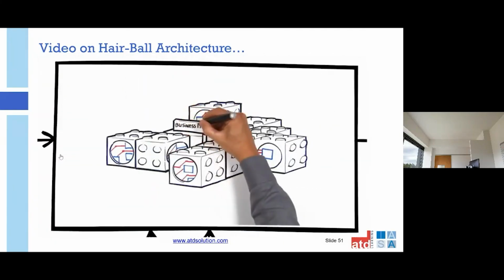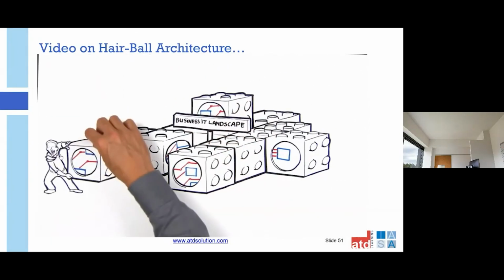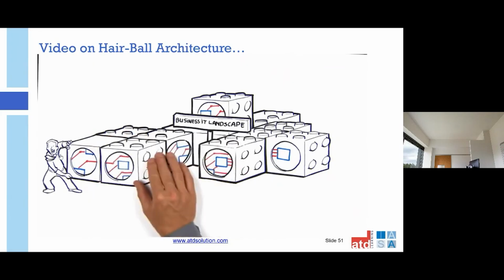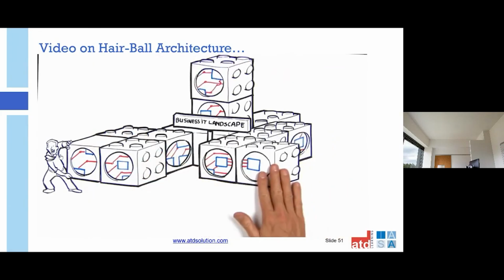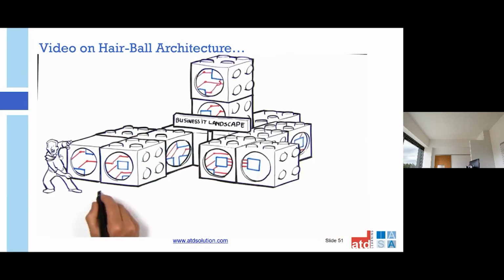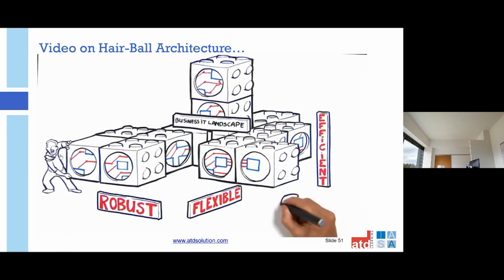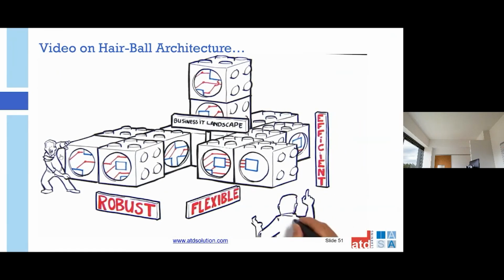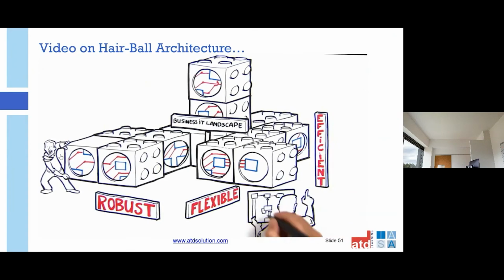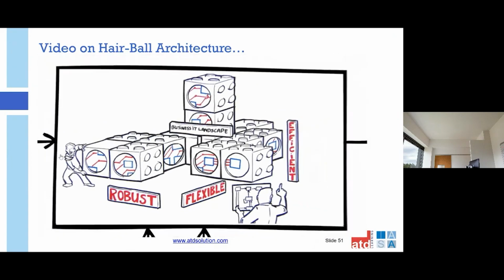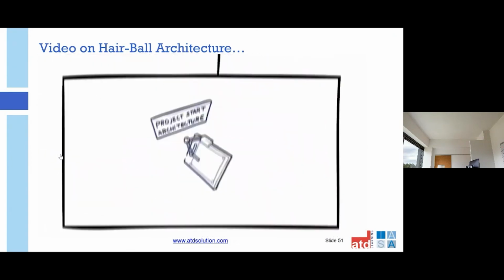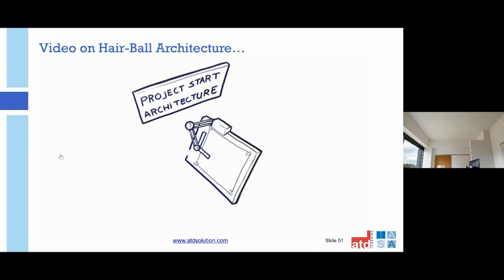We have to deal with the IT landscape in such a way that people have the freedom to create improvements and that there's always room for innovation. Architecture makes sure that our IT landscape is robust as well as flexible and efficient. This requires a process to keep things organized. For this reason, each new project needs a project start architecture.